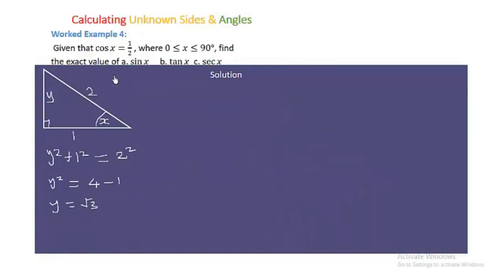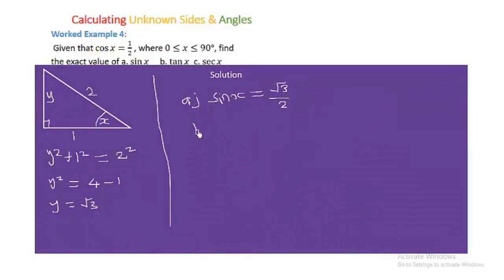So this is root 3 units. Then we are asked to find the value of sin x. We know sin x is given by opposite, which is y, so root 3, over hypotenuse, which is 2.